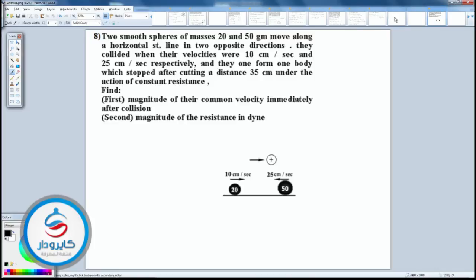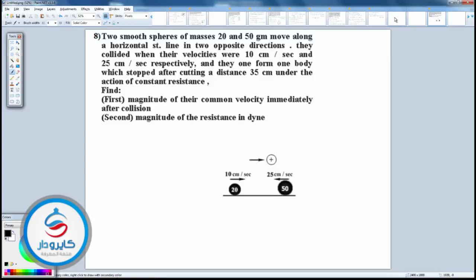Question number 8. The smooth spheres of masses 20 and 50 gram move along a horizontal straight line in two opposite directions.